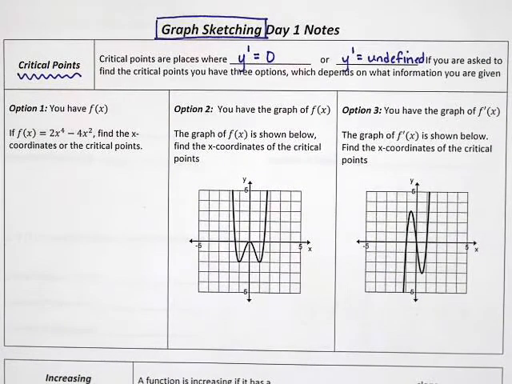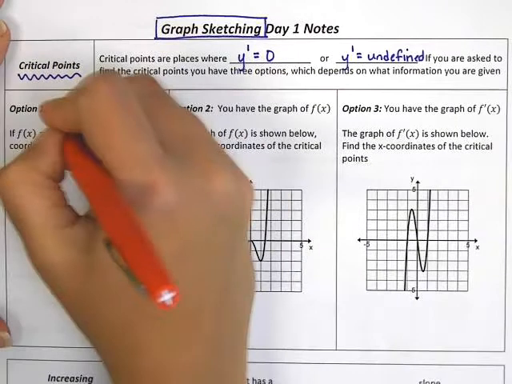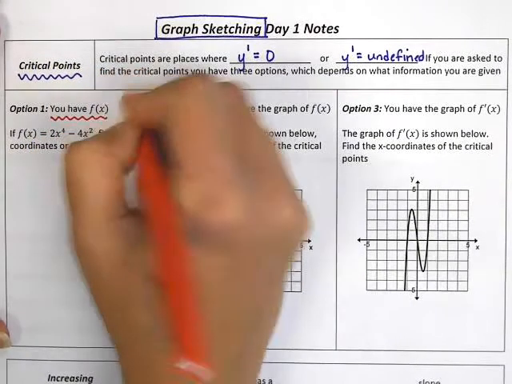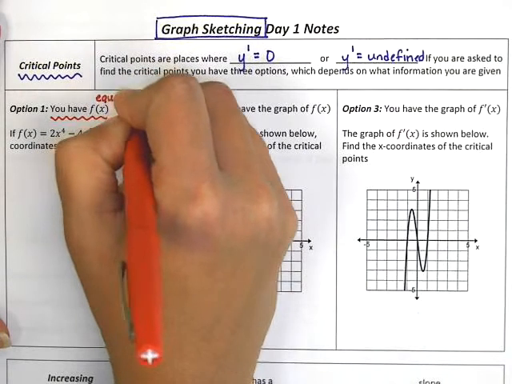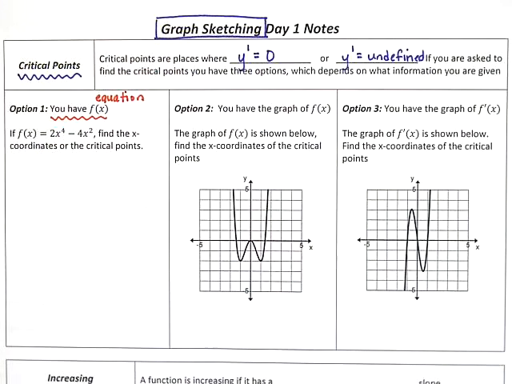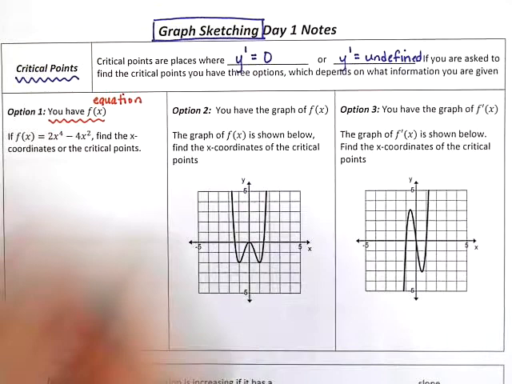So let's suppose for option 1 that you have f of x. When we say that you have f of x, what that means is you have an equation of a function, and the directions will say find the x coordinates of the critical points.